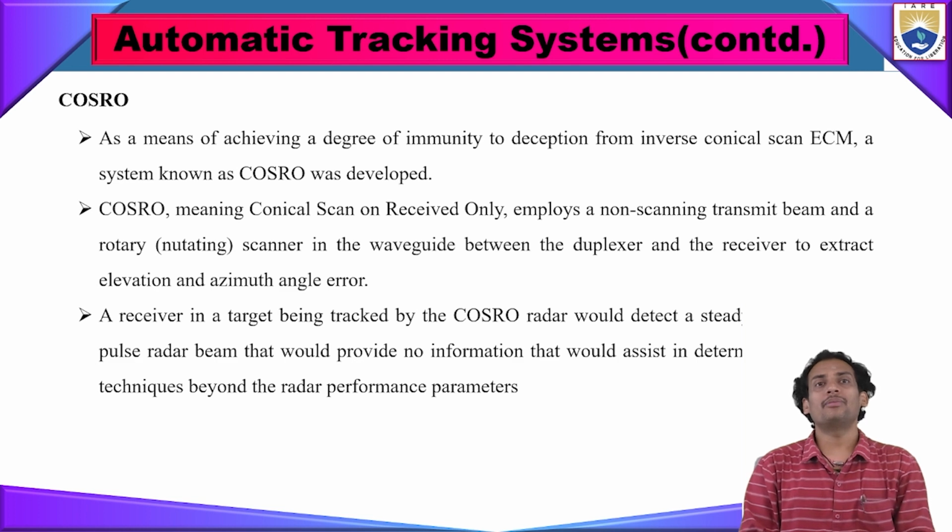A receiver on a target being tracked by a COSRO radar will detect a steady non-scanning pulse radar beam, and it will provide information that assists in determining the deception technique beyond the radar performance parameters.